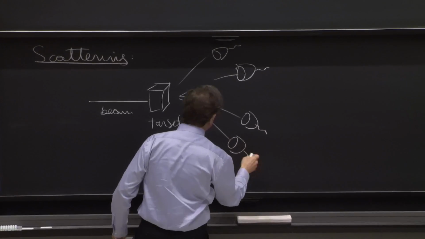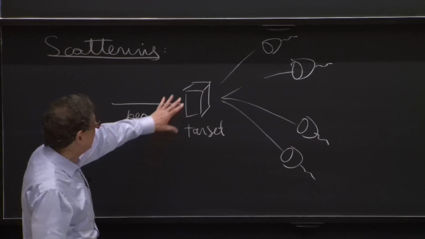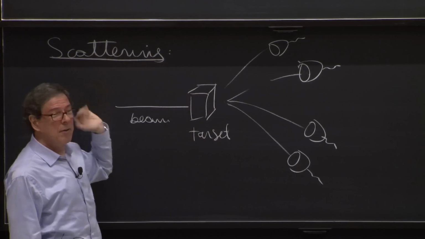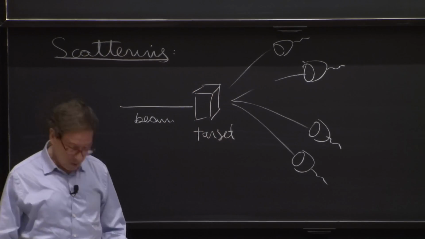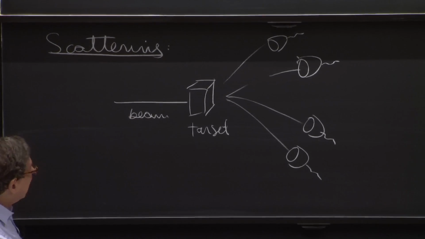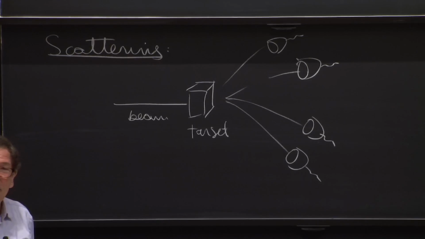And in general, the detectors are all over in all directions because particles may backscatter, may go in different ways. So collisions in general are rather intricate.